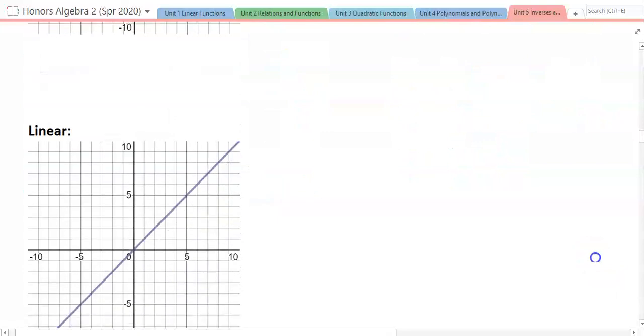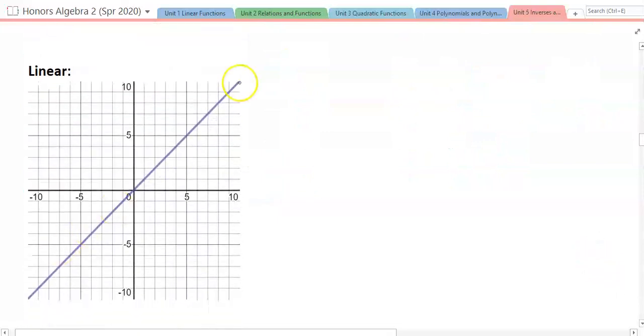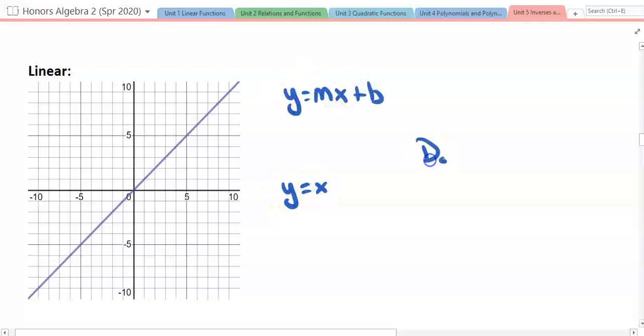All right. Linear functions, remember that linear functions are going to be lines, right? And those fall in the parent function y equals x, but the general form, of course, is the slope-intercept form y equals mx plus b. Now, let's talk about the domain. The domain of a linear function is all real numbers from negative infinity to positive infinity.